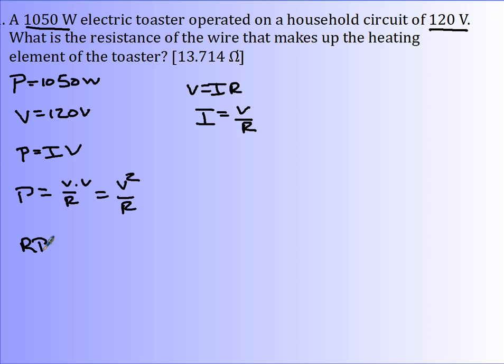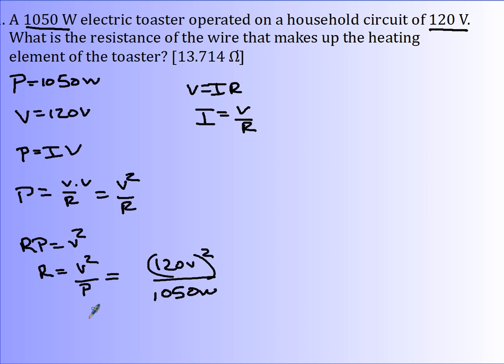So RP is V squared. So the resistance is V squared divided by P. So the voltage is 120 volts, and I'm going to square that, divided by the power, which is 1050 watts. And I get a resistance of 13.7 ohms. You can go on and give all the sig figs, but you don't need to.